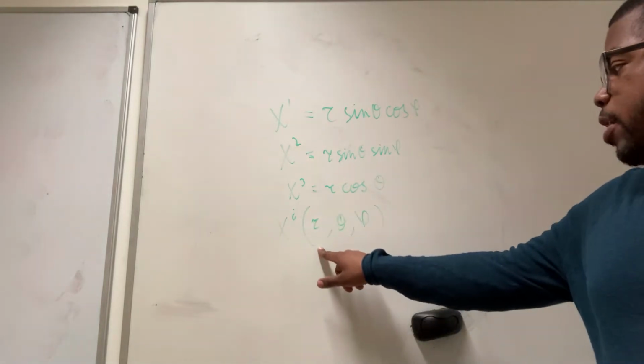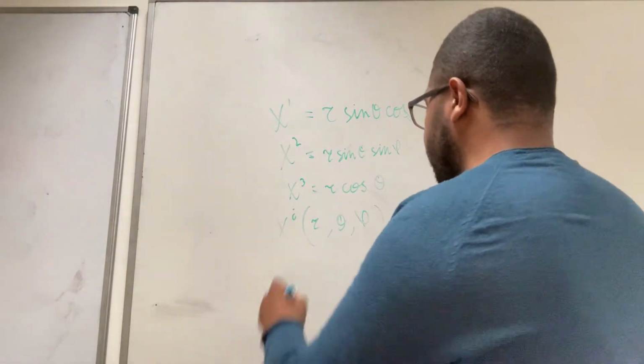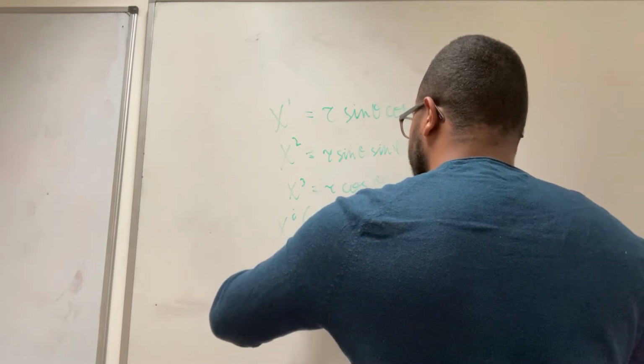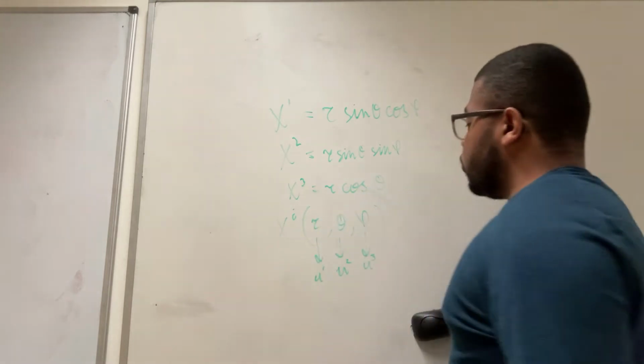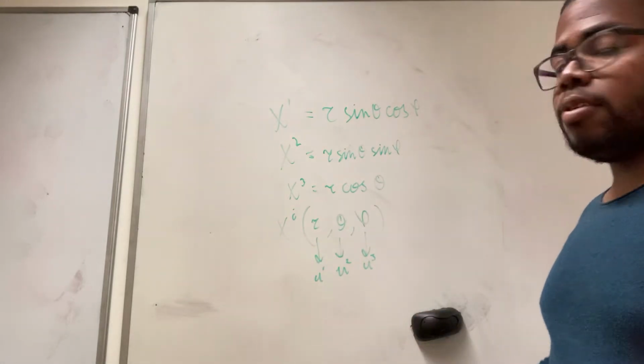So we were able to describe them in terms of these three values. If we were to call r, theta, phi u^1, u^2, and u^3, we can say that our x^i depends on these three inputs.